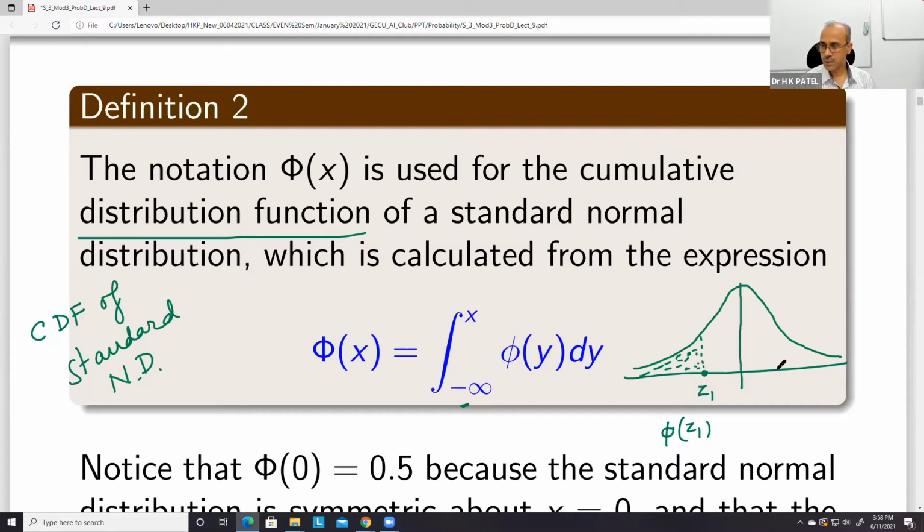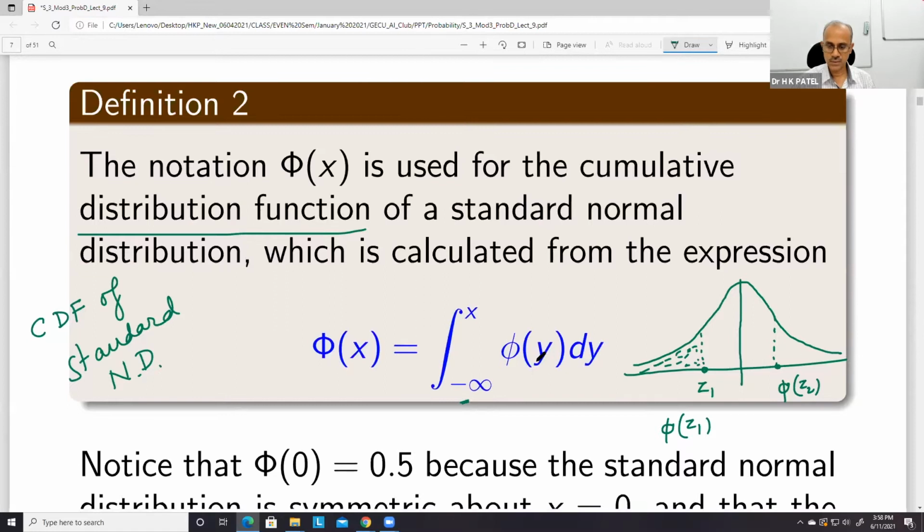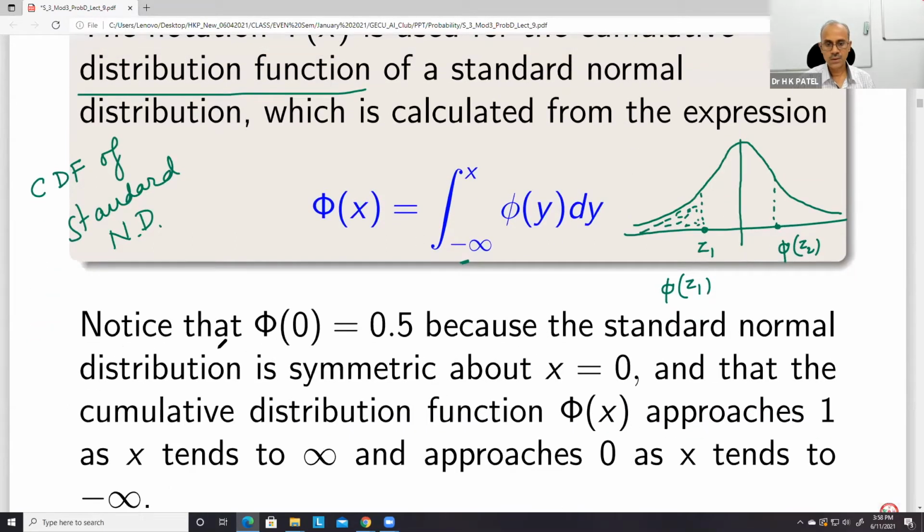If you want to find the value phi of Z2, then this will be the area from minus infinity to Z2. So this is a cumulative distribution function. This is obtained by integrating the density function. So phi of 0 is equal to 0.5 because the curve is symmetric.